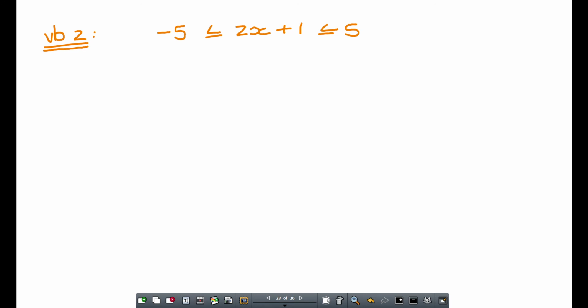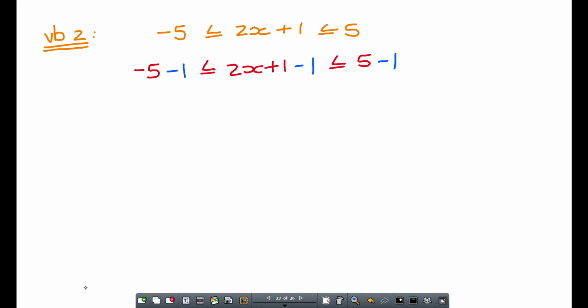Ek gaan sê -1. Okay, so hieronder gaan ek hê -5 en dan -1. Dan 2x plus 1 -1 en dan 5. Kom ons skryf hulle liewer in 'n ander kleur. Ek wil dit net vir jou 'n ander kleur skryf dat jy lekker kan -1.